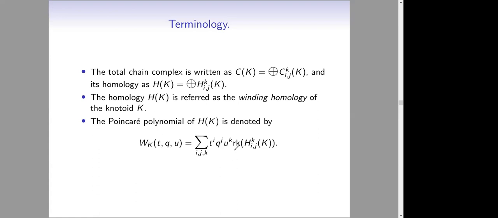You take the sum of the ranks of each homology group multiplied by this term, where these keep track of the gradings.